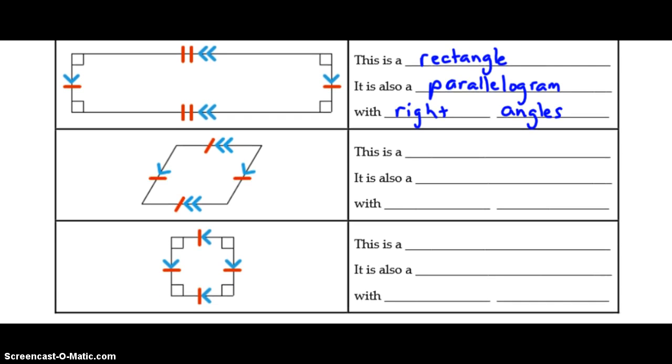Same with this shape here, which is a rhombus. A rhombus is also a parallelogram, because it has opposite sides parallel and equal, but what makes it a rhombus is that it has equal sides.